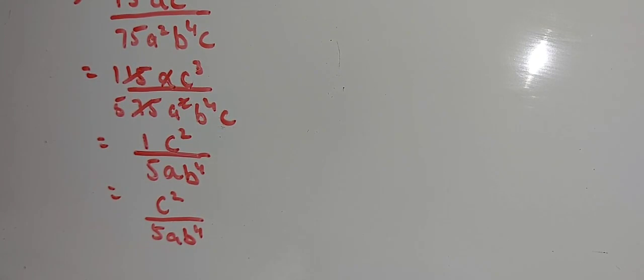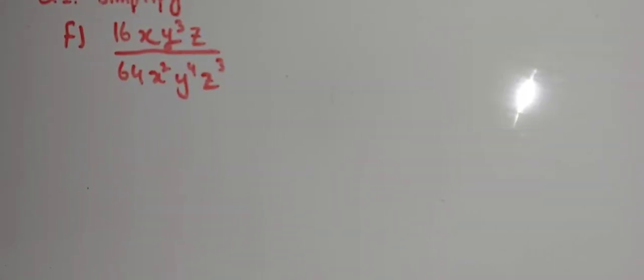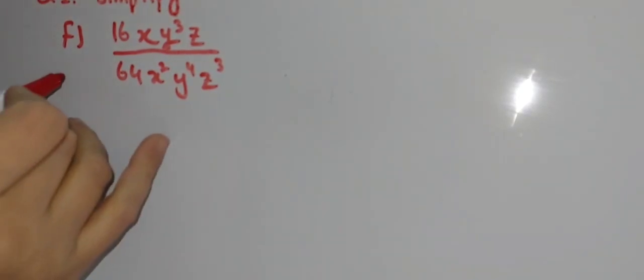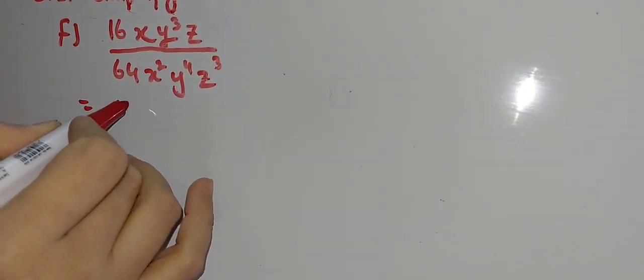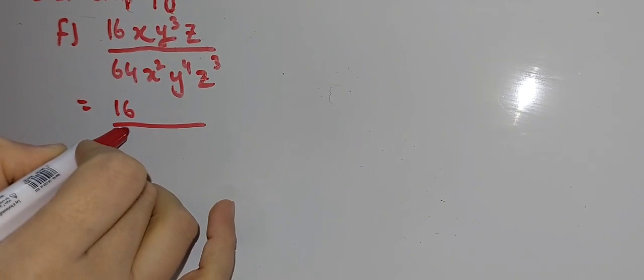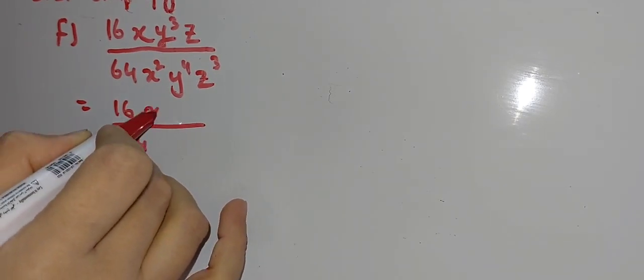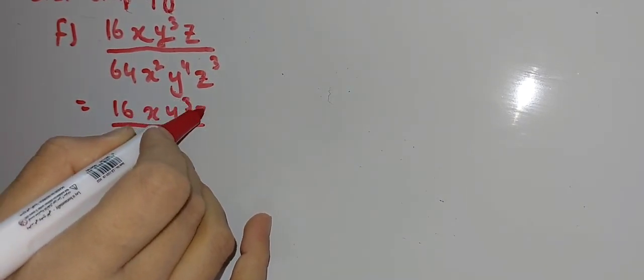Now move on to part F. Part F is 16x y cube z upon 64x square y4 z cube. Okay, let's start the solution. 16 upon 64, x, y cube and z.